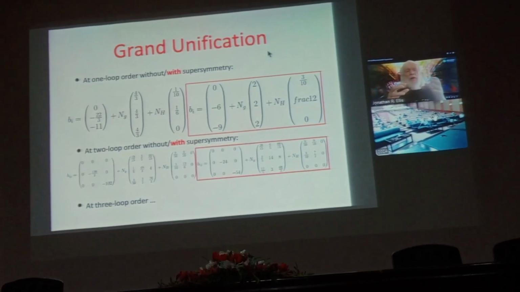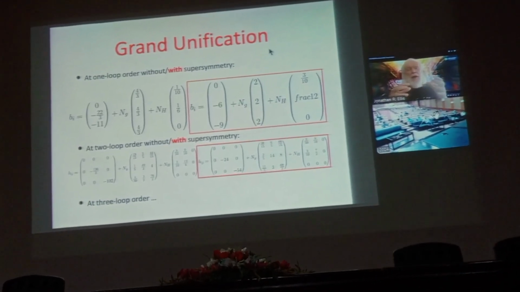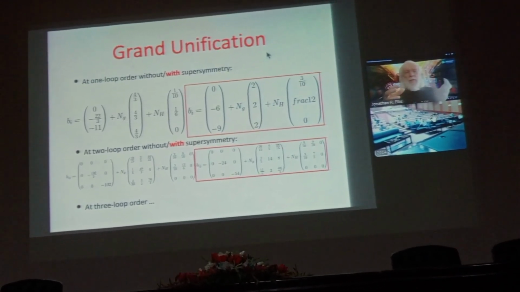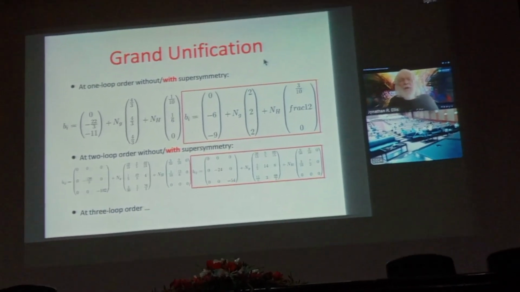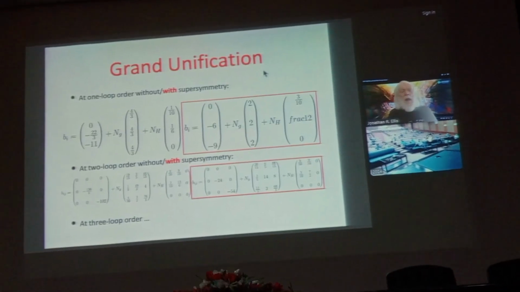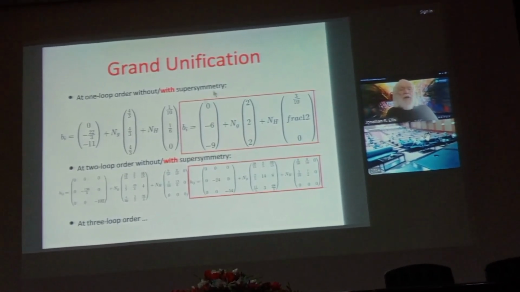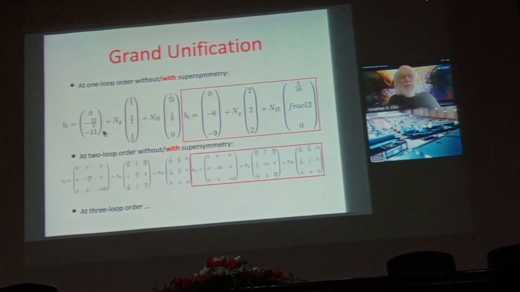And in this simple group, all gauge couplings would have to be equal. So of course the couplings we measure at low energies are not equal. But you can calculate how they change as a function of energy.